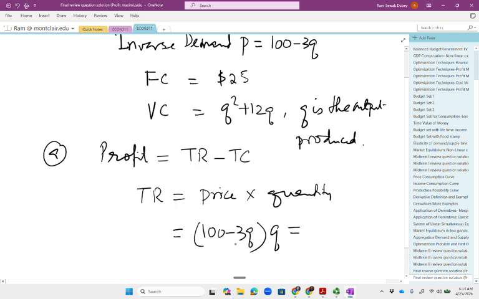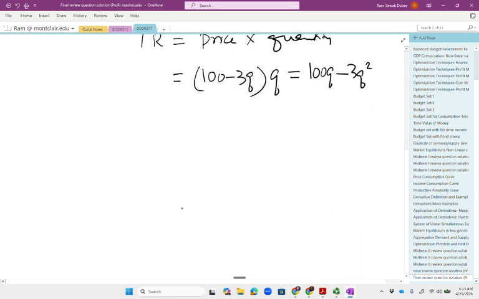So I can simplify this expression as 100Q. I am multiplying each term in the parenthesis by Q. So 100Q, then I have negative 3Q times Q, which is 3Q square. That's our total revenue. The total cost is the sum of fixed cost plus the variable cost.